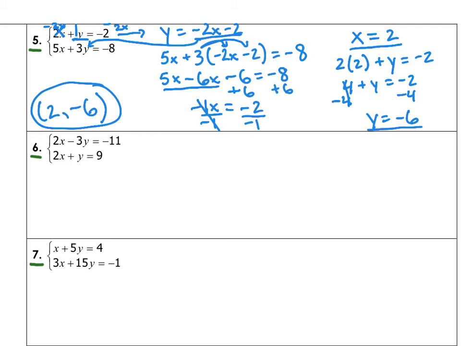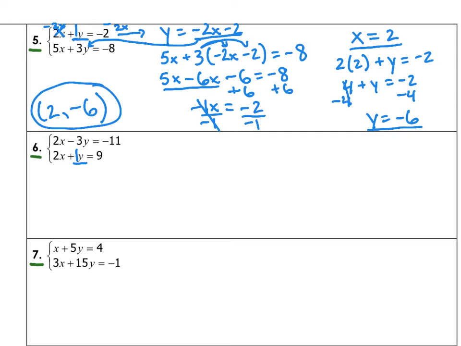Fantastic. So number 6, a little more practice about this. Remember, we want to find an equation where one of our variables, x or y, has a 1 in front of it. When we look at the second equation, we see that y here has a 1 in front of it. So this is the equation I want to manipulate. I want to change this around so that y equals something.